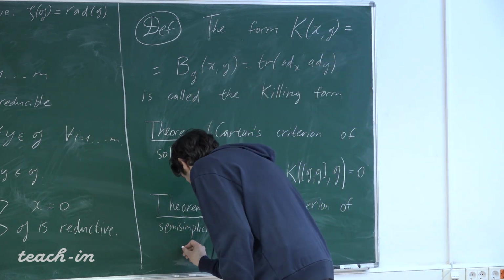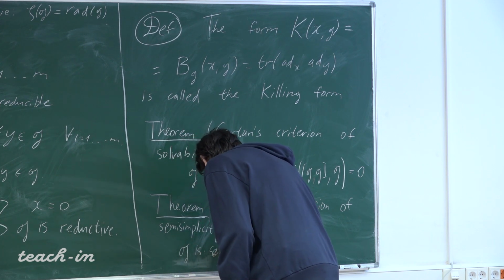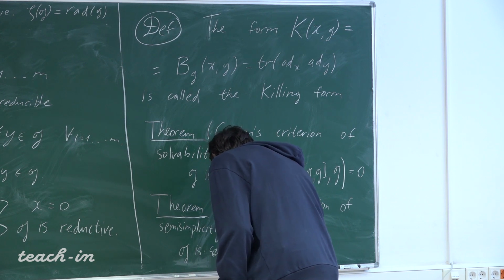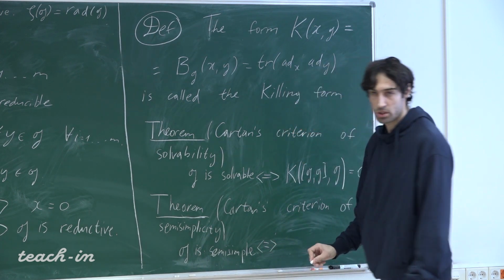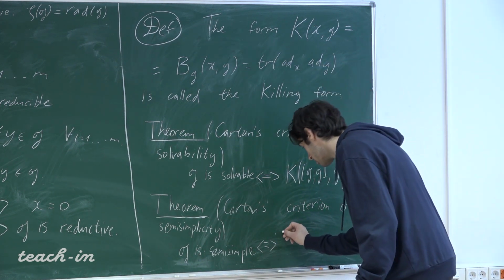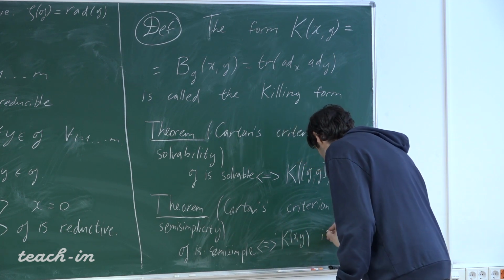So it states that G is semisimple if and only if the Killing form is non-degenerate.